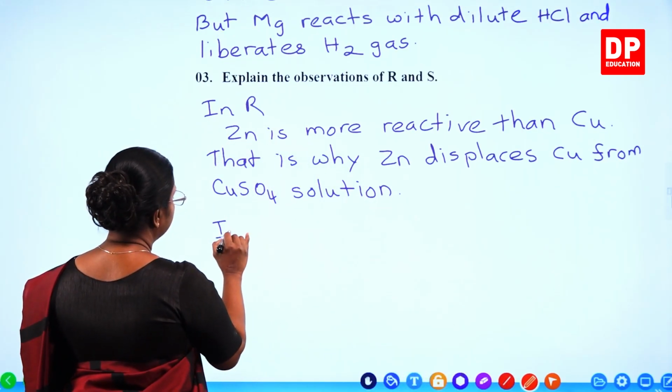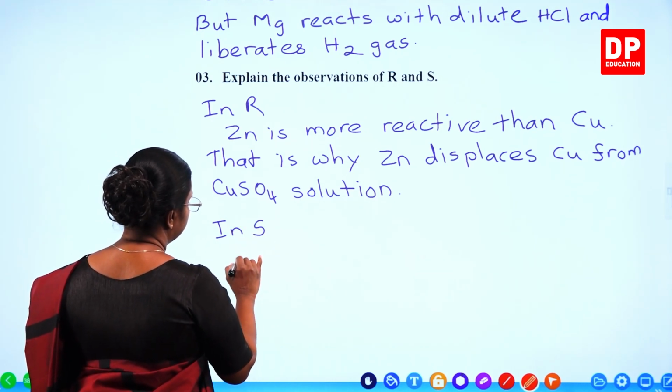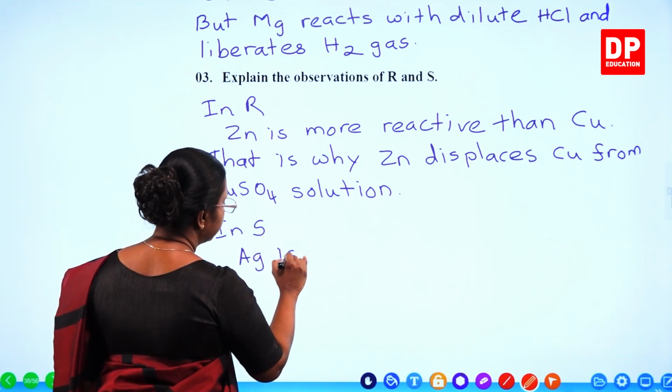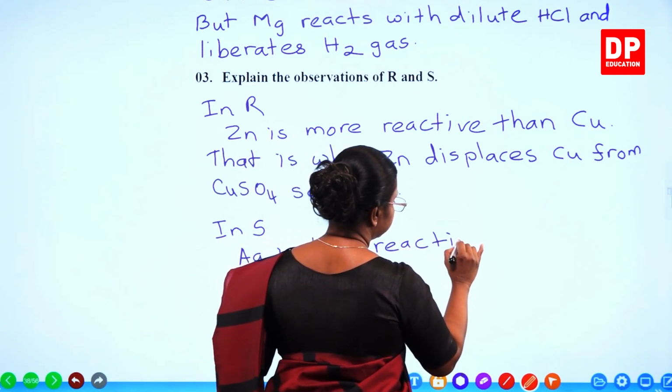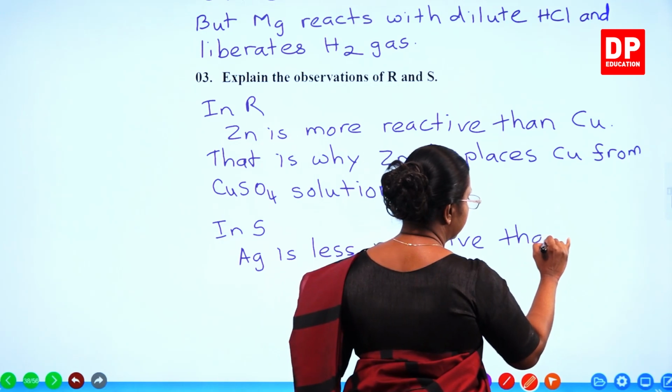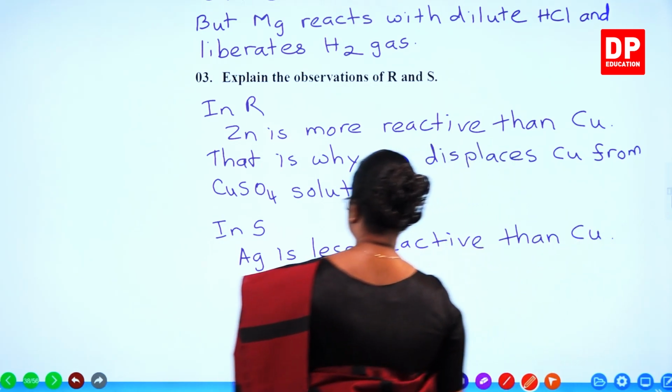So, in S, silver is less reactive than copper.